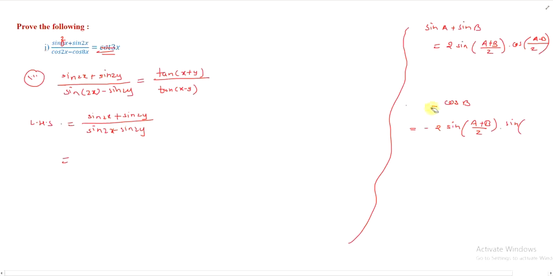For this purpose we have to consider the formula sine A minus sine B, which is equal to 2 cos (A plus B)/2 into sine (A minus B)/2. See, carefully observe these two formulas, cross combination is there. Here our A is 2x and B is 2y, and it is the same in the denominator also.